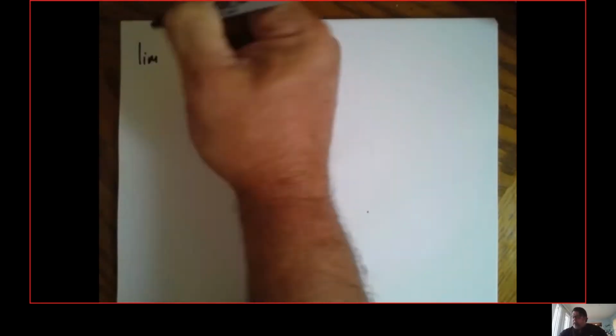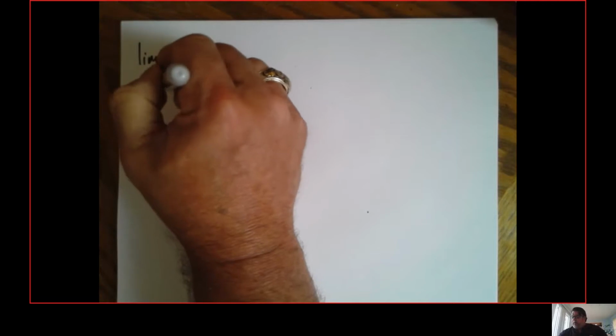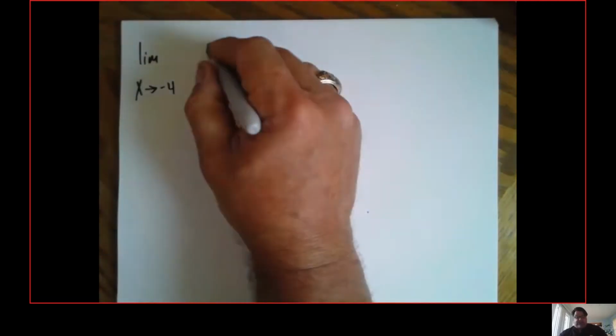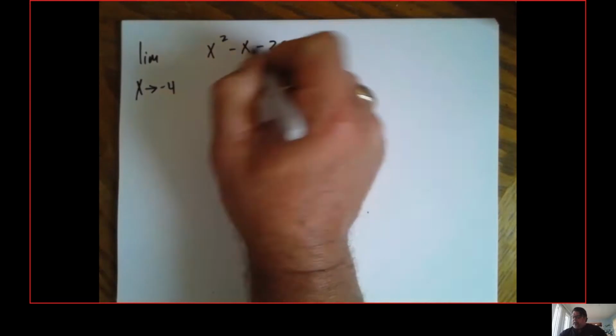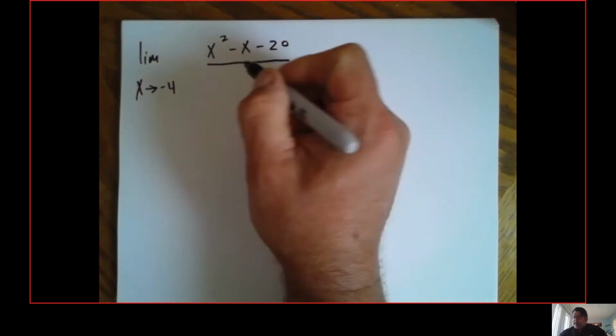Now I'm going over the algebraic part of limits, or the analytical part. And the first one we're going to talk about is the limit as x approaches -4 of x squared minus x minus 20 over x plus 4.